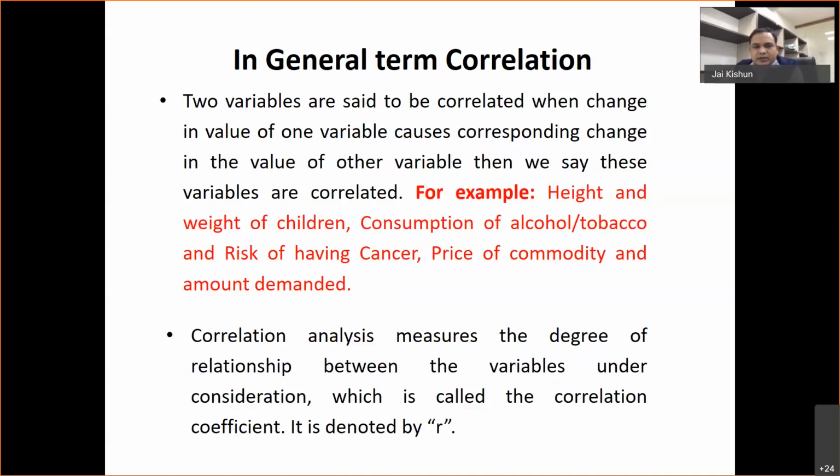It's a general theory that when the price of a commodity decreases, the amount of demand increases. In this way, these variables are related to each other. Due to changes in one, the other variable automatically changes. That's why we are saying that these variables are correlated to each other.